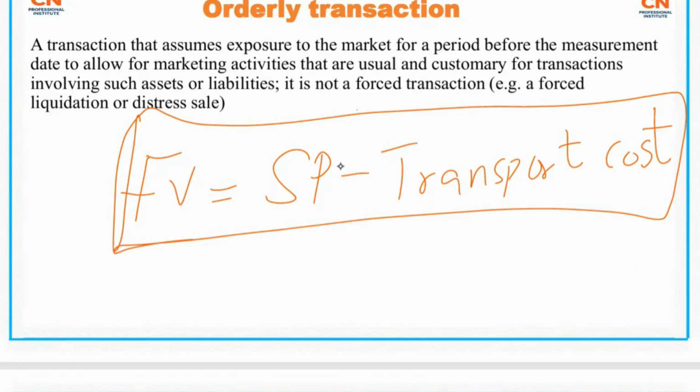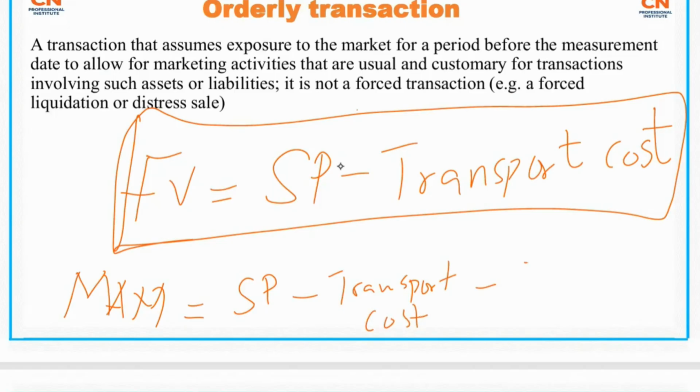Now, what you have to know is that when we're determining the most advantageous market, if you remember, what did we do? We picked the selling price less transport cost and less transaction cost.